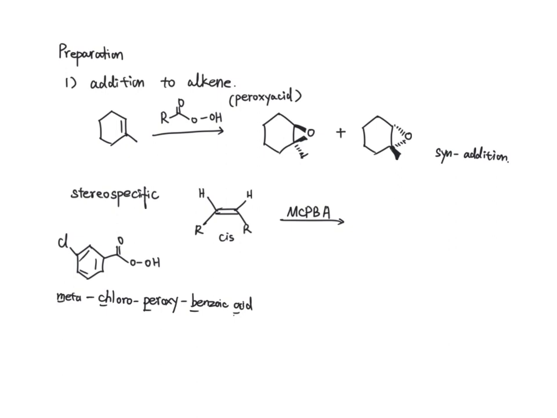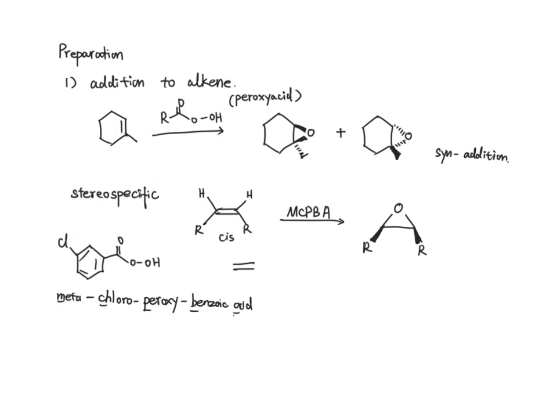So what happened here is if you start with the cis alkene, and you add the oxygen here, you have your epoxide, and these two R groups, which can be the same R or different R, it doesn't matter, will point in the same direction.